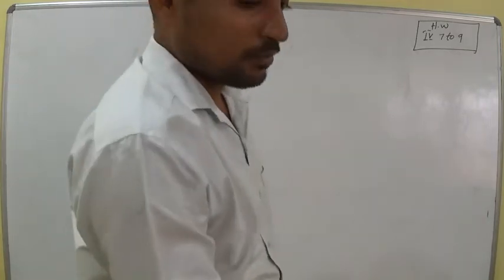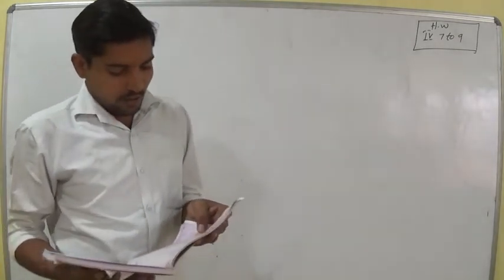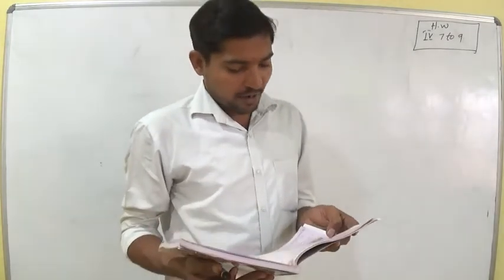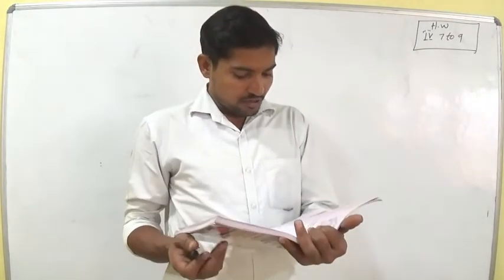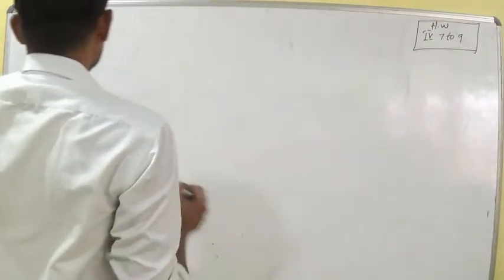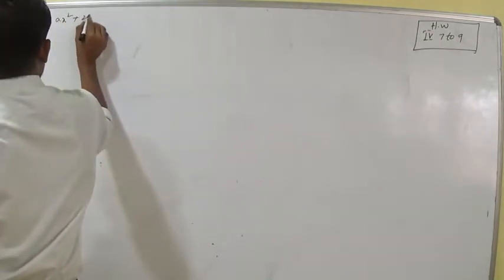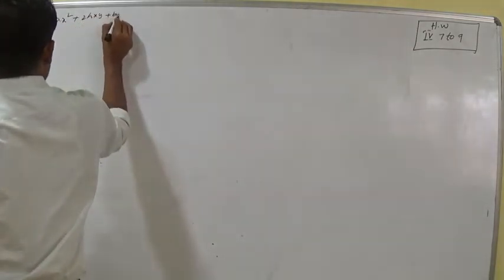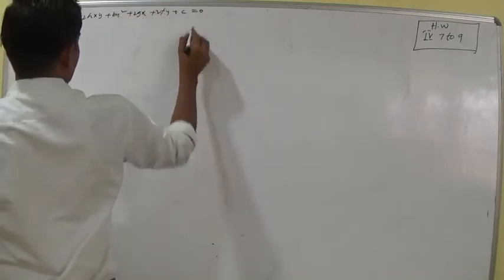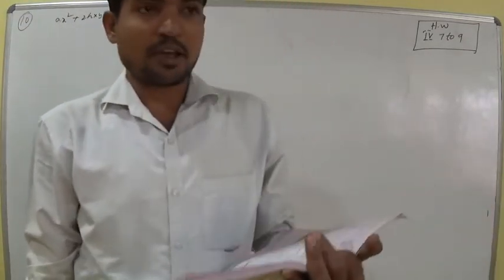The next problem. It's a very interesting thing. An equation is given as a pair of straight lines, with a equal to 0 and c equal to 0 like that. Something has been given here. Let us see that. 10th one. ax square plus 2hxy plus by square plus 2gx plus 2fy plus c is equal to 0. That is a line equation which represents a pair of straight lines.